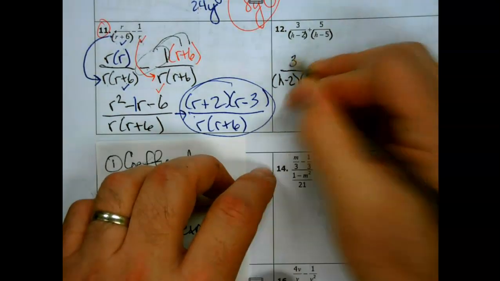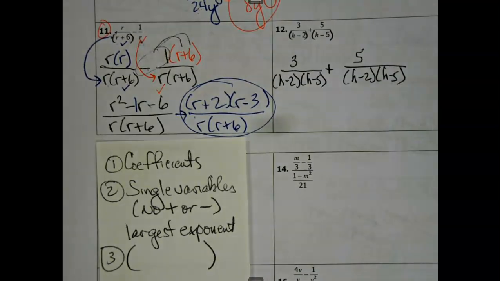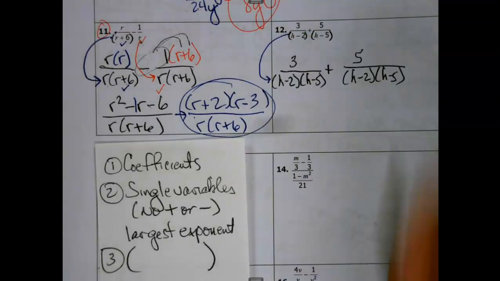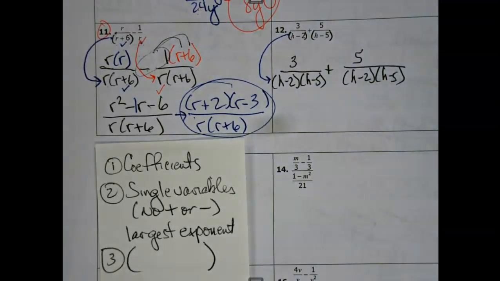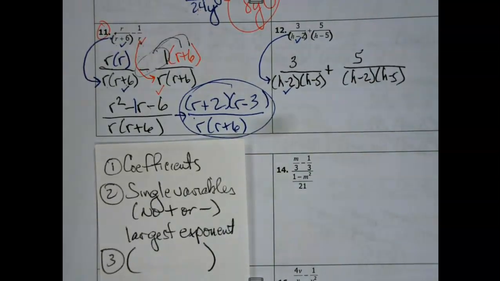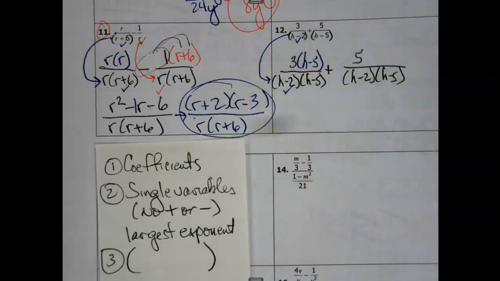That's the denominator. I'm not going to multiply it back out because that would make it harder to see what I need. Now that it's in its factored form, when I go look to see what I need, and I've checked off my h minus 2, I need the h minus 5.